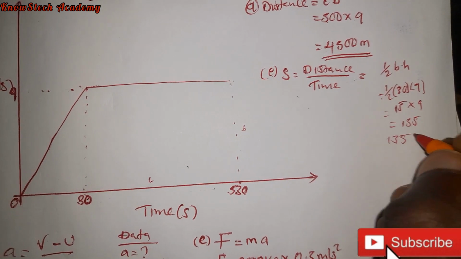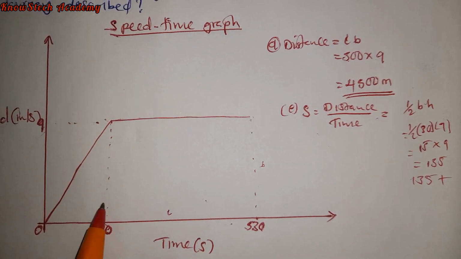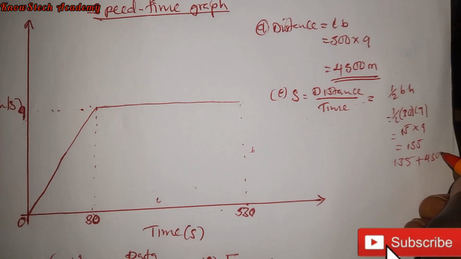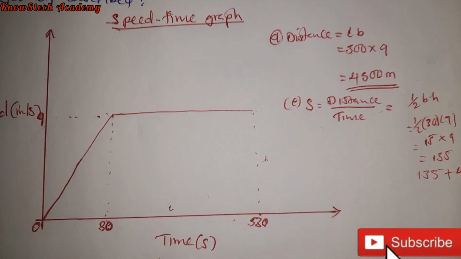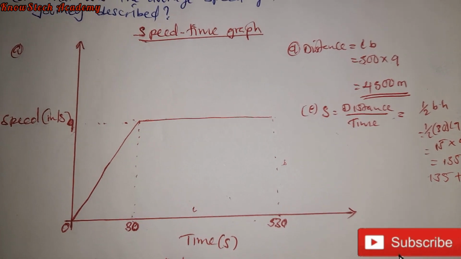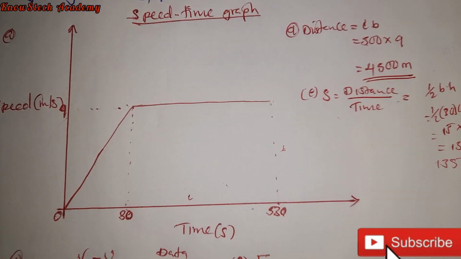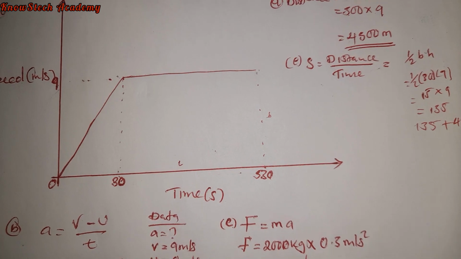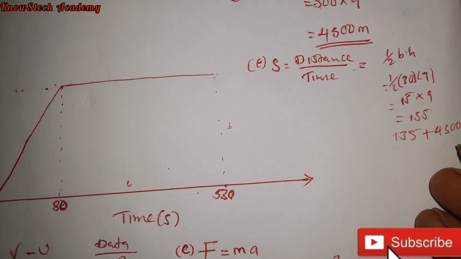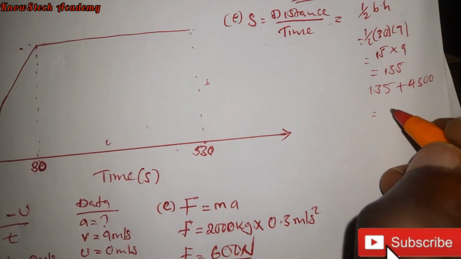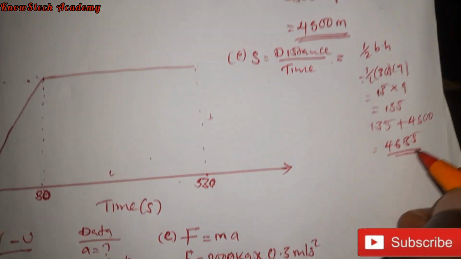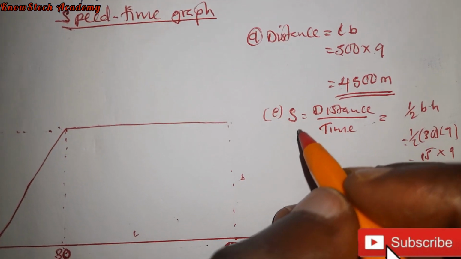So 135 plus the distance here, 4,500. The answer is 4,635. This is the one you're going to substitute.